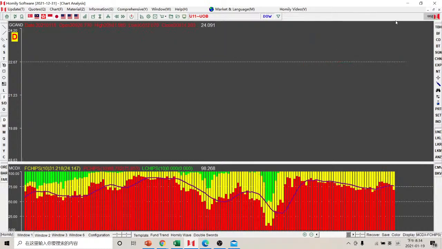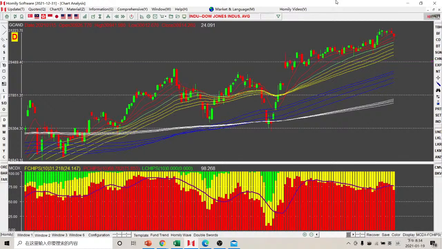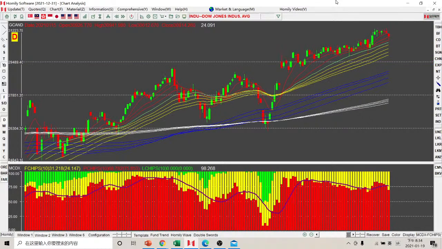For the US market, today, tomorrow is the turning point. Tomorrow is a very special day and also the market turning point. So we should keep a close eye on the market movement and how it moves.